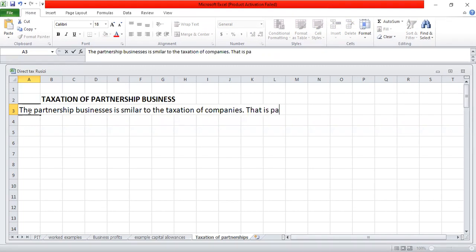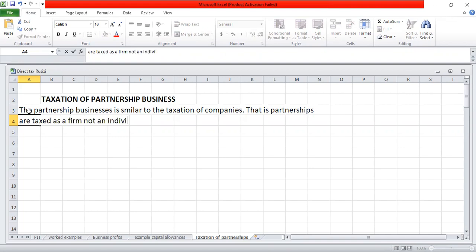That is, partnerships are taxed as a firm, not as an individual.